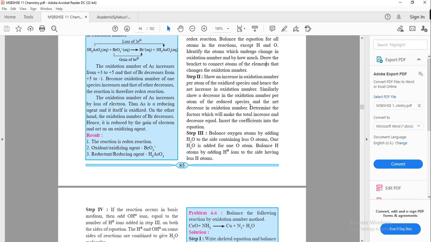Similarly, show the decrease in oxidation number per atom of the reduced species, and the net decrease in oxidation number. Determine factors which will make the total increase and decrease equal. So we have to balance the oxidation number in the equation for both these species which are getting reduced and oxidized. Insert the coefficient into the equation.